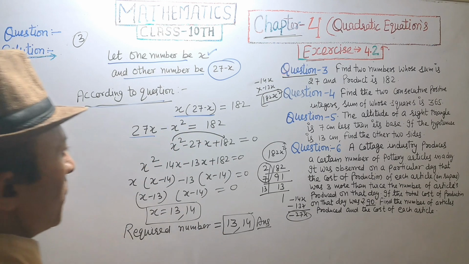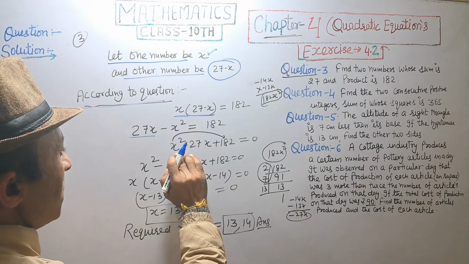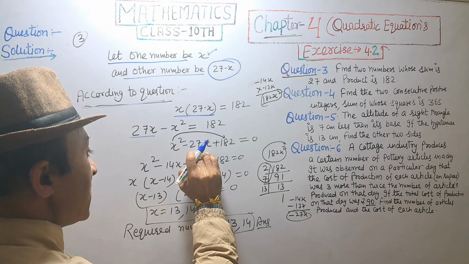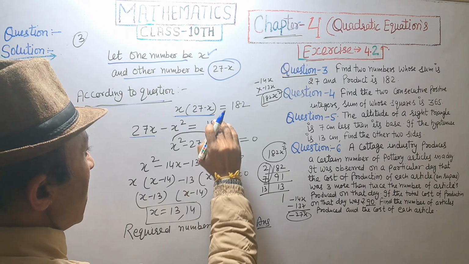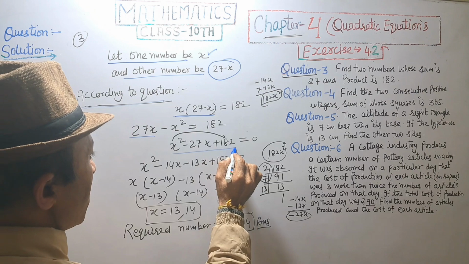Shifting to the right side, x square will be positive, 27x will be negative, and 182 plus, equal to 0, and it's a quadratic equation.